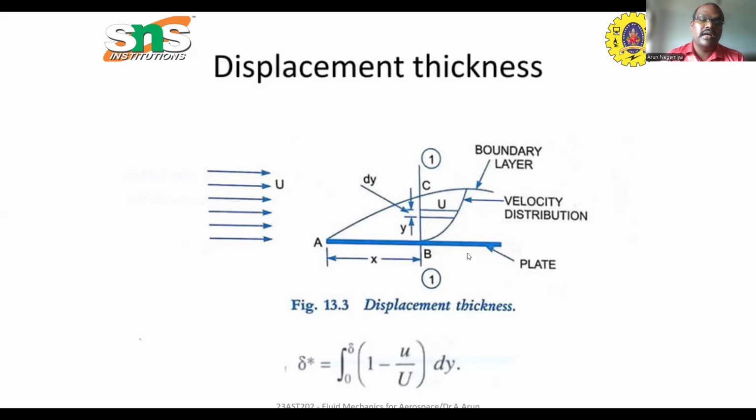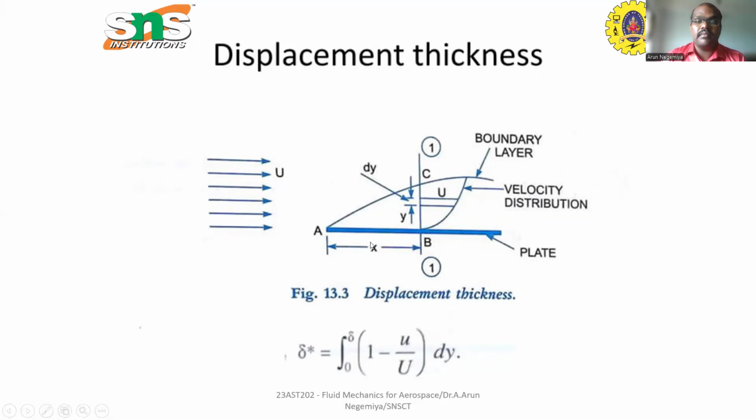Delta means displacement, and delta star means displacement thickness.